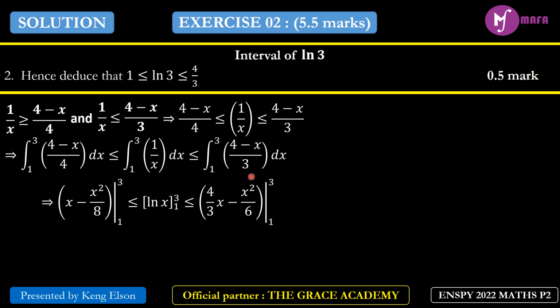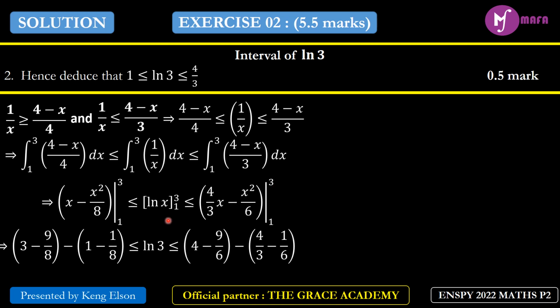If you integrate the upper bound, you're going to get 4 on 3 x minus x squared on 6 from 1 to 3. Just feed the upper and lower bound and subtract. The middle is going to be ln 3 minus ln 1, which is ln 3. If you subtract carefully, the left gives 1 and the right gives 4 on 3. So you have proven that ln 3 lies between 1 and 4 divided by 3.